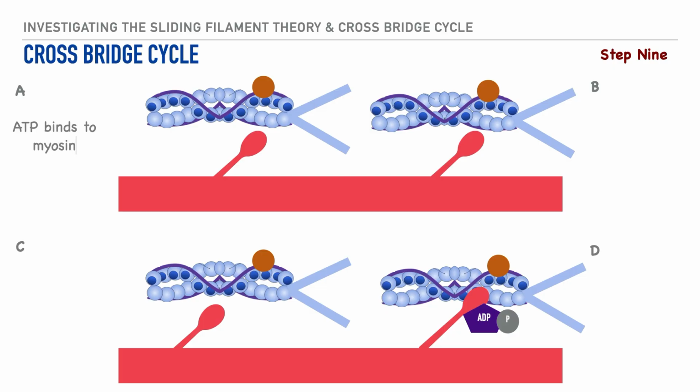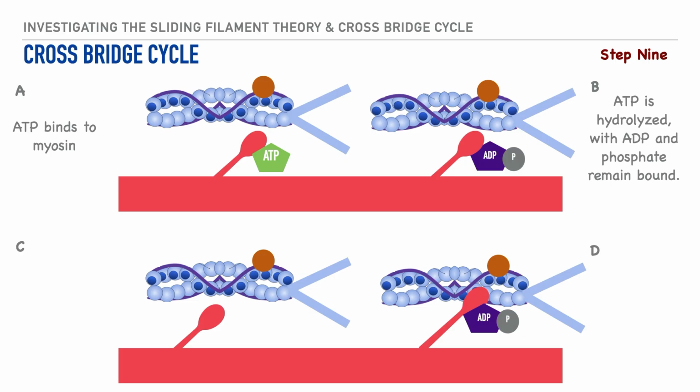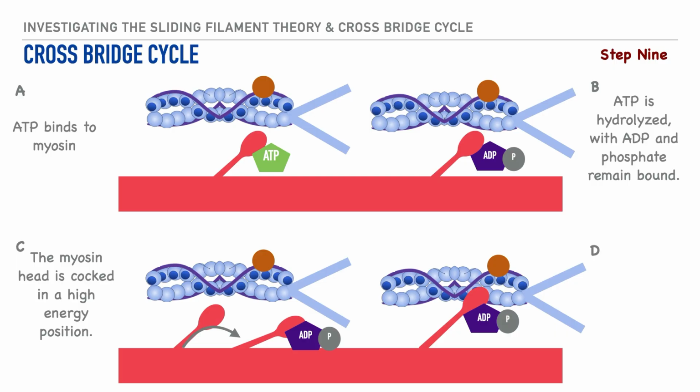From this, we say ATP is hydrolyzed, meaning ADP and phosphate remain attached to the myosin head. The energy released from this process allows the myosin head to be cocked into what we call a high energy position. From here, the myosin head is able to bind to actin's active site, forming a cross bridge.